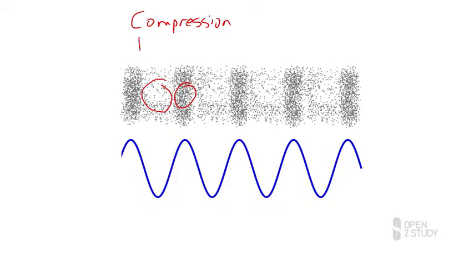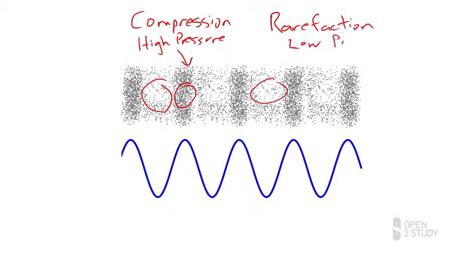And that actually has high pressure in that particular region of space. So there is an example of one region of compression. In these regions here where there aren't so many atoms and molecules, we call that a rarefaction. That is where the air is rarefied, or a region of low pressure.